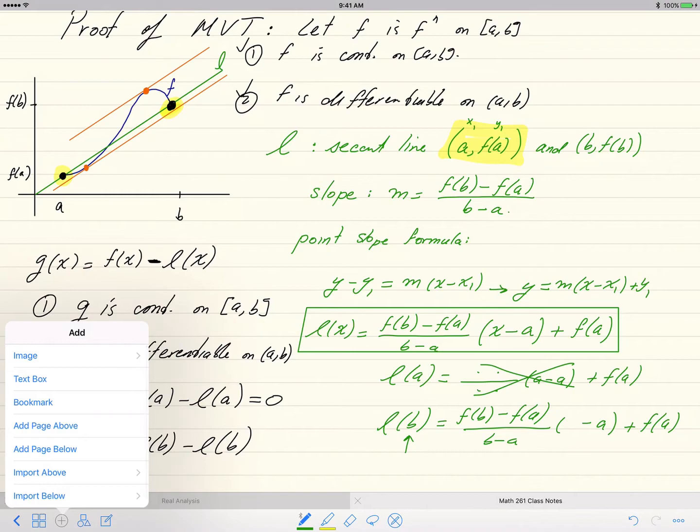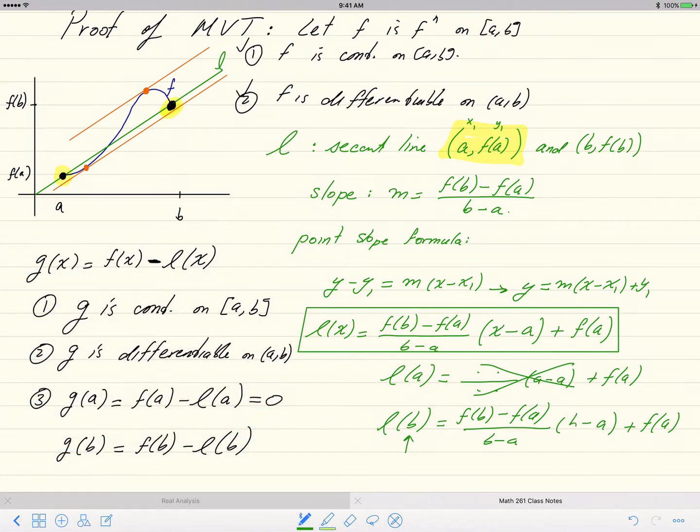Instead of x, we're plugging in b. So that would cancel. So then we'd have f of a minus f of a plus f of a, in which case these two cancel. So the answer would just be f of b. So f of b and L of b have the same value. For this reason, this is 0.